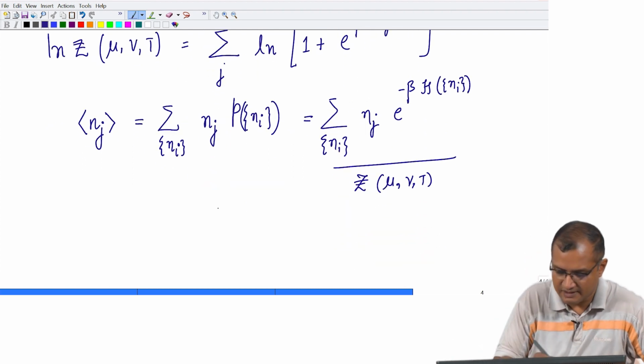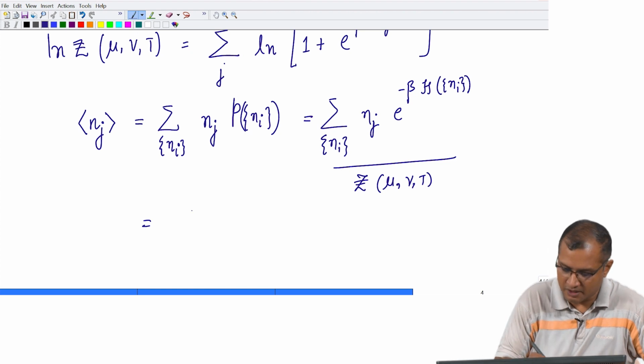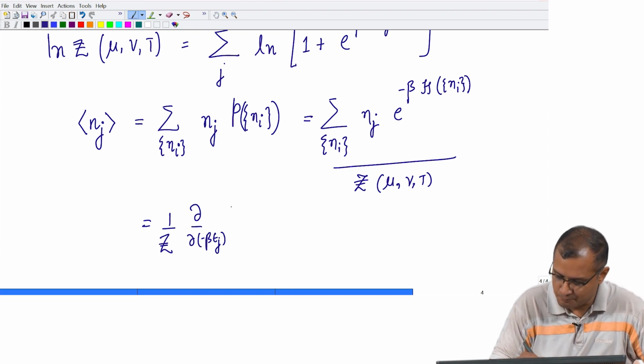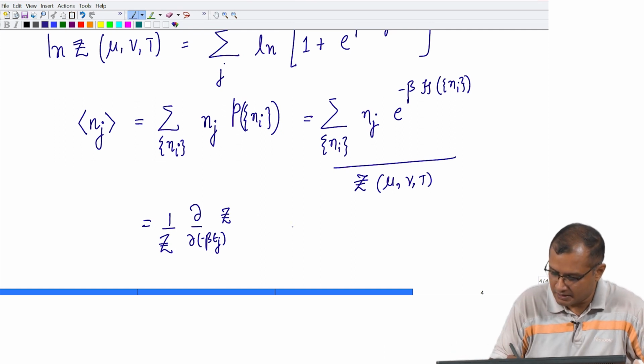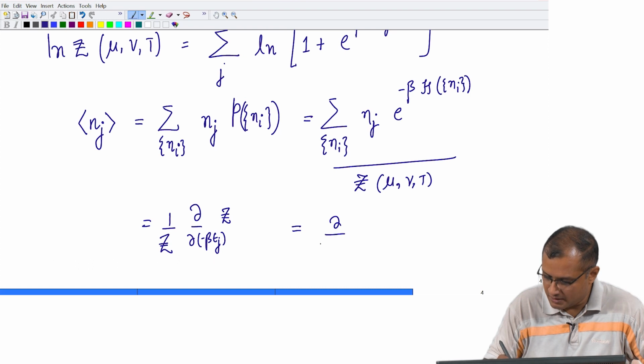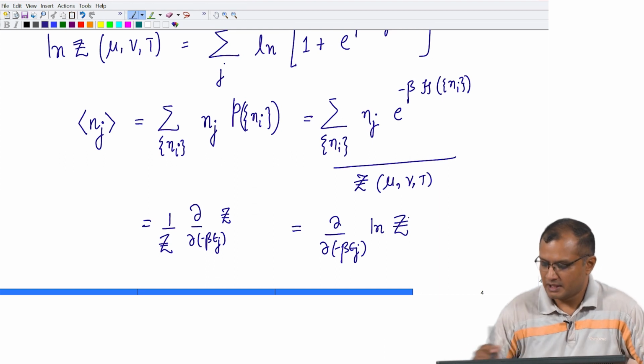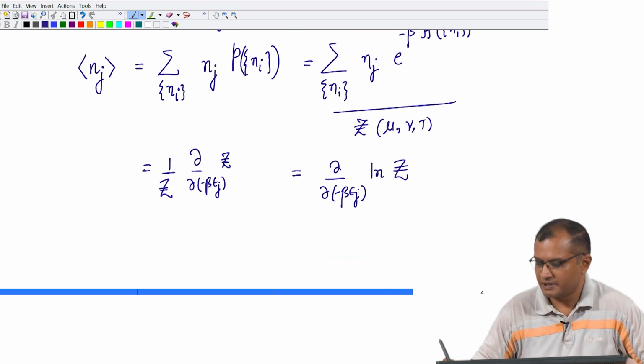Hence mathematically this is nothing but 1 upon the partition function, d over d minus beta E j of the partition function, which is d over d minus beta E j of the logarithm of the partition function.